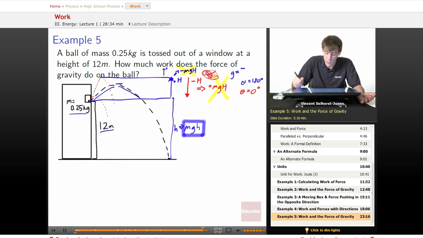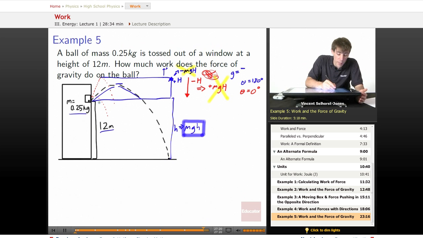That's the important part. Mg little h. So no matter how crazy a throw we have, if we go way up or it's really flat, it doesn't matter, because the work done by the extra arc above where it starts falling, beyond the 12 meters we're guaranteed, is going to be canceled out. The two works go opposite one another. So in the end, it's mgh.